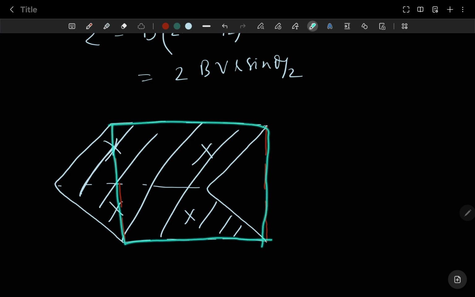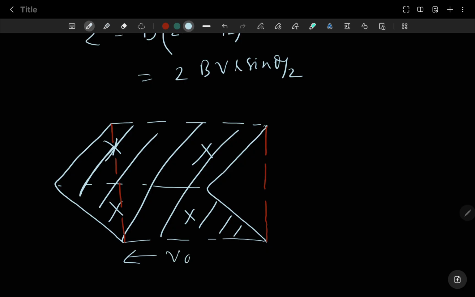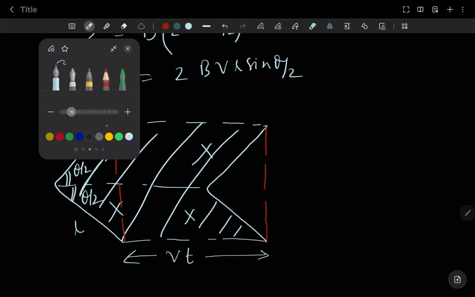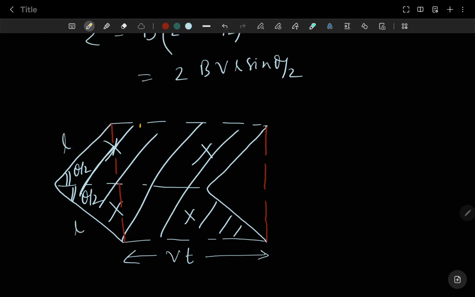Okay, so what will be the area of the rectangle? Say in time t it is moving with velocity v, so in time t it moves vt. And as I said, this is L, and the angle is theta by 2, so this length is clearly L sin theta by 2.